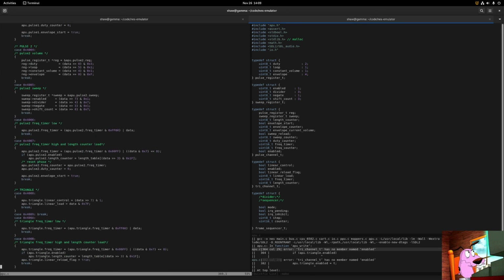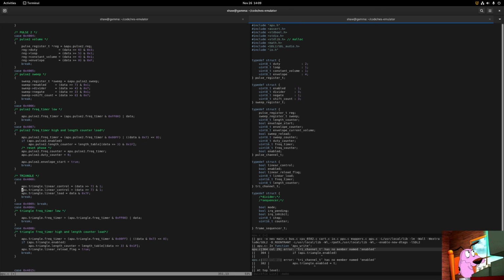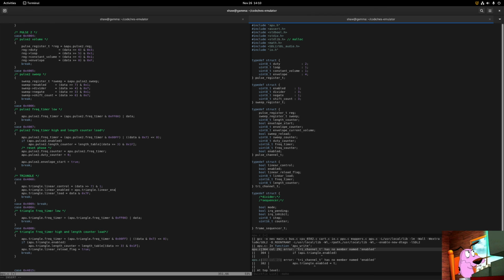And we want to understand what's going on. So we just do this. Linear enabled. Control.